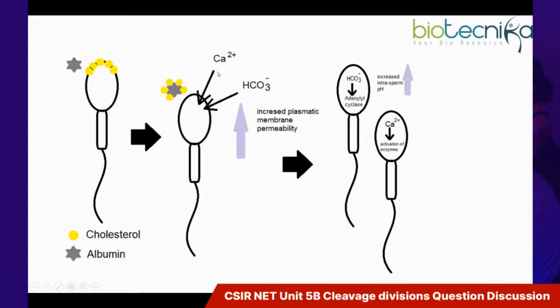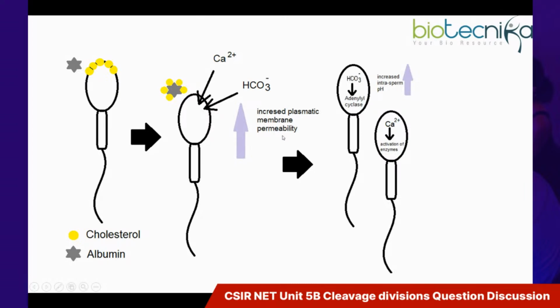As you can see, the calcium ions are getting inside. And bicarbonate ion is also getting inside. That's why you have increased plasma membrane permeability. Because of the removal, the membrane permeability increases.